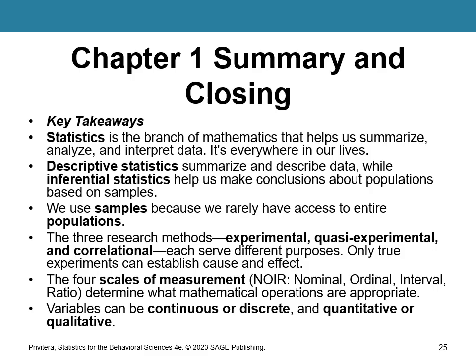The three research methods, experimental, quasi-experimental, and correlational, each serve different purposes. Only true experiments can establish cause and effect. The four scales of measurement, nominal, ordinal, interval, and ratio, determine what mathematical operations are appropriate.